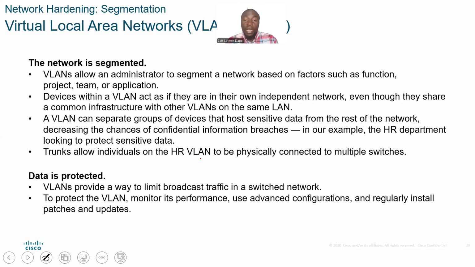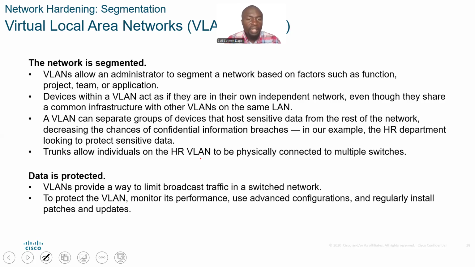Or you can even segment it based on functions, or you could say staff, students, and guests. You understand? You could do that segmentation. So devices within a VLAN act as if they are on their own independent network. So you have partitioned it, you have grouped them, and they function within their own right.